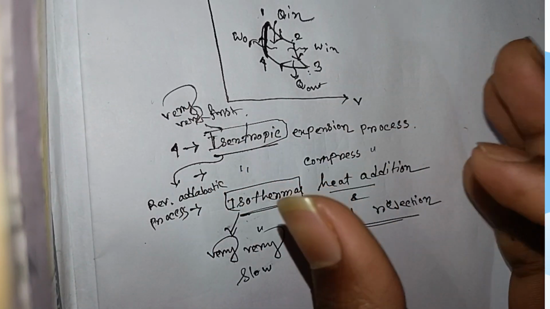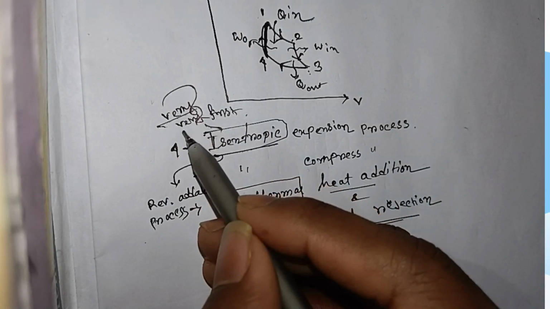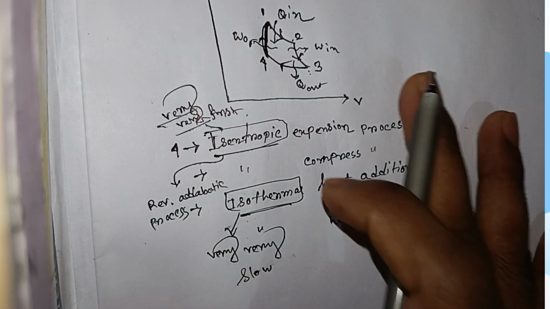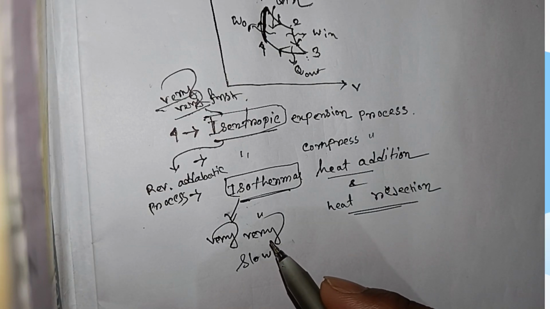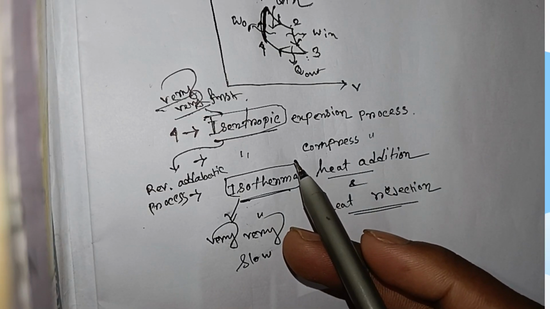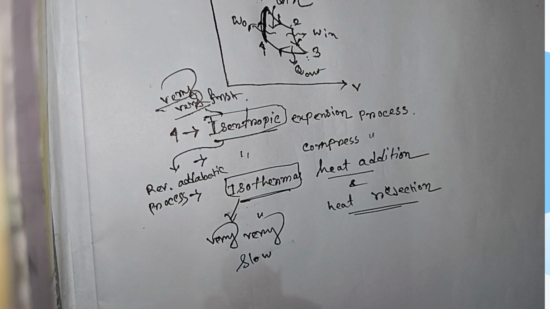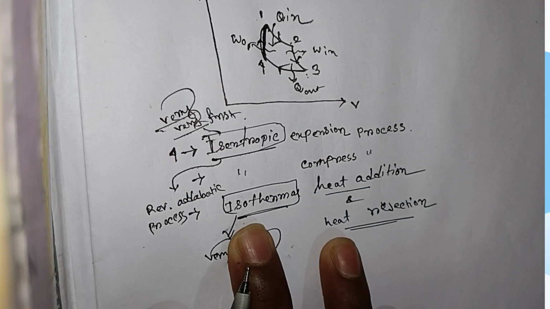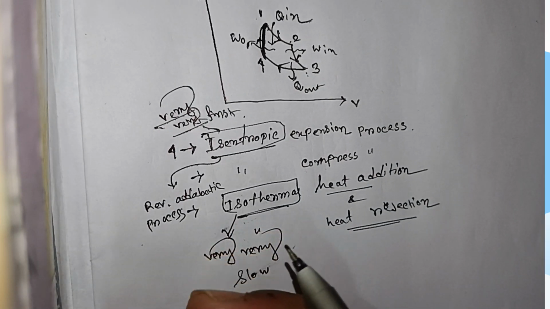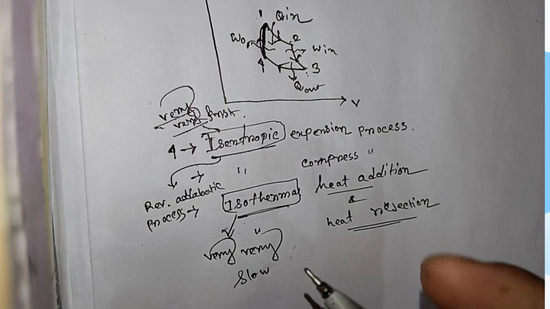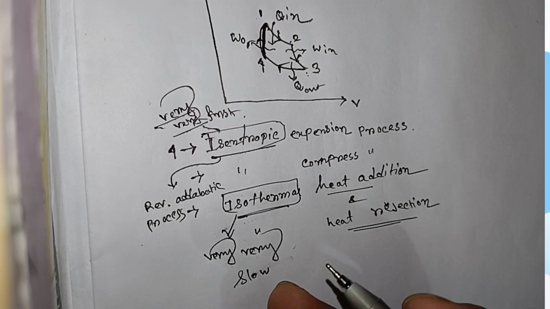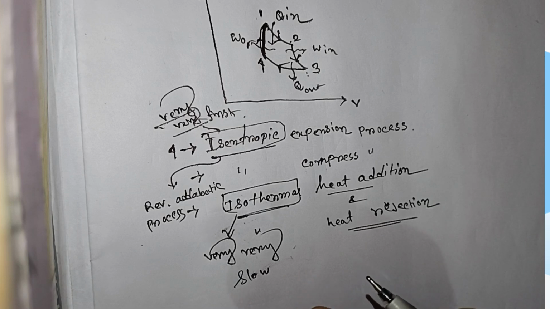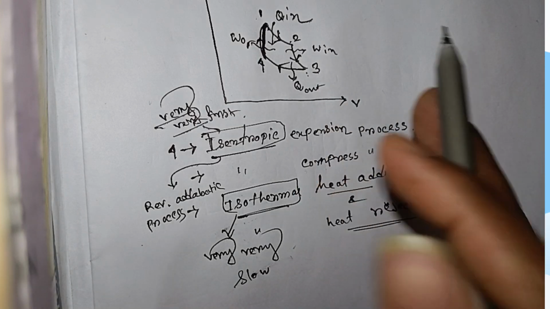In a cycle, a combination of a very fast process and a very slow process is definitely impossible. So this is very difficult to achieve. Okay, so we consider this the ideal cycle, and we compare other processes with this cycle to see how efficient they are.